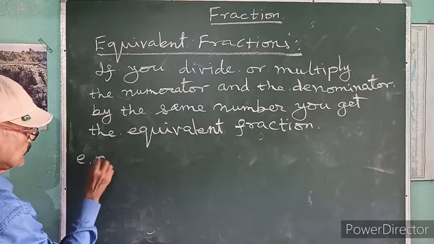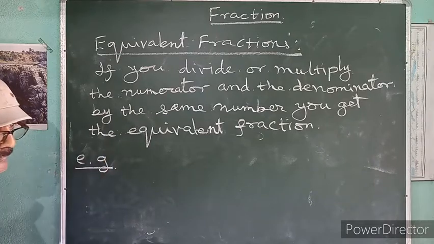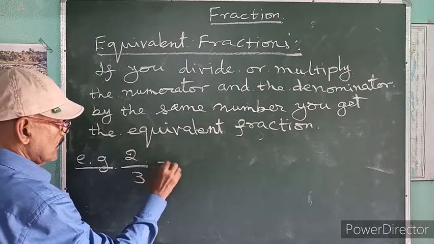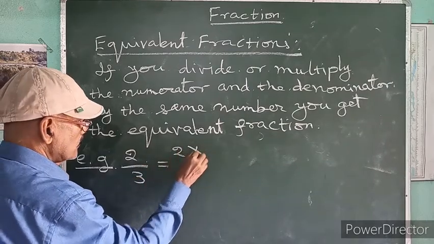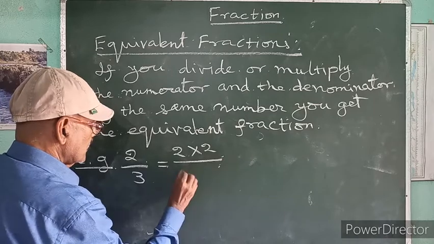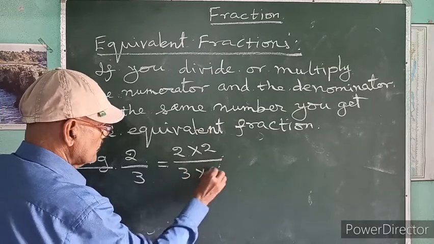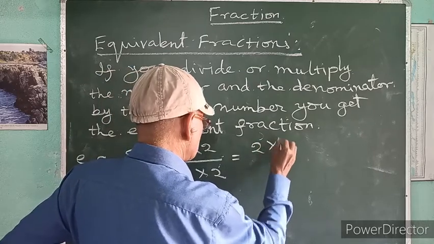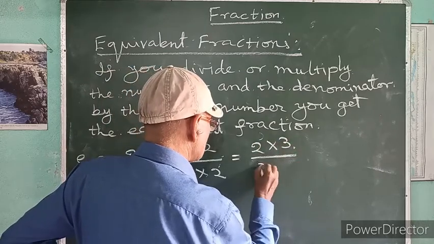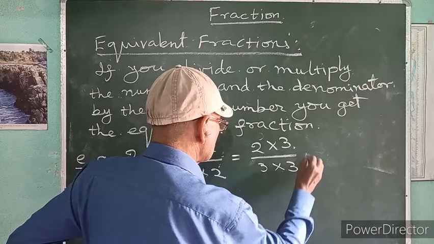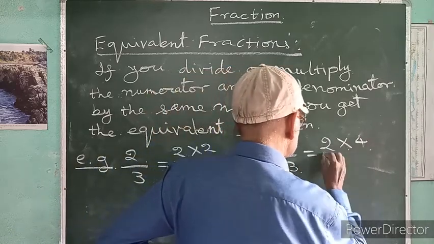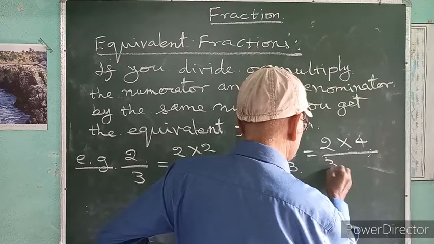Example: 2 by 3, 2 by 2 into 3 by 2, 2 by 3 into 3 by 3, 2 by 4 into 3 by 4.